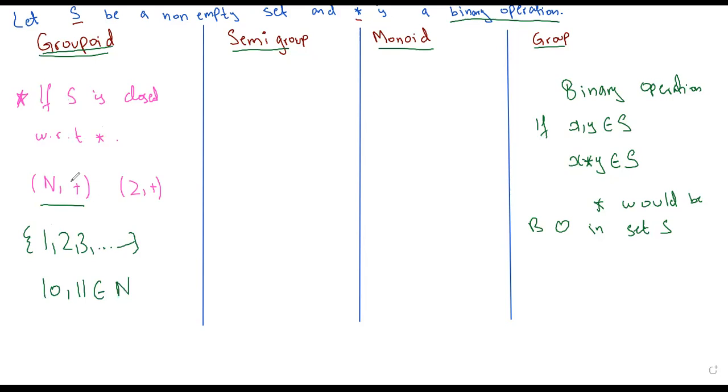I know that my binary operation is plus, so 10 plus 11 would be 21. This also belongs to the set of natural numbers. This implies the set S with addition is a groupoid, right?